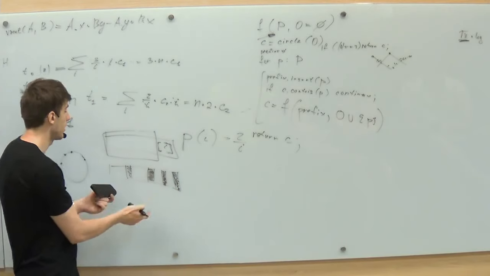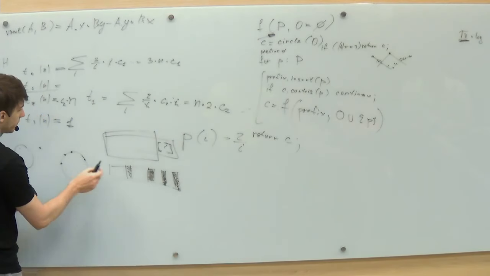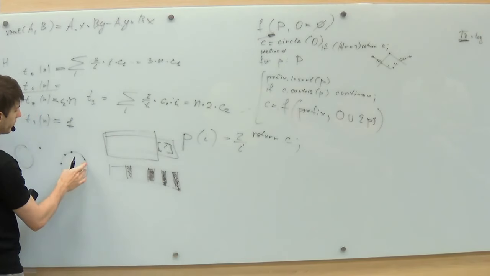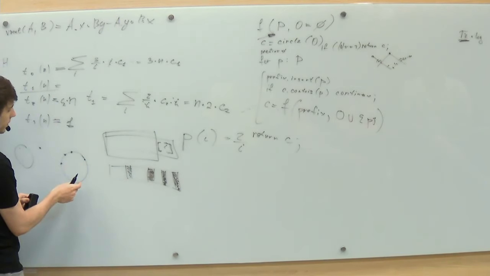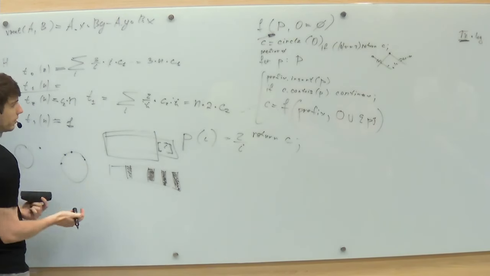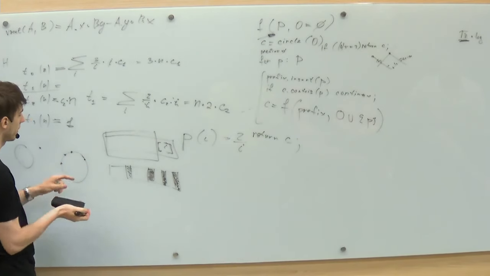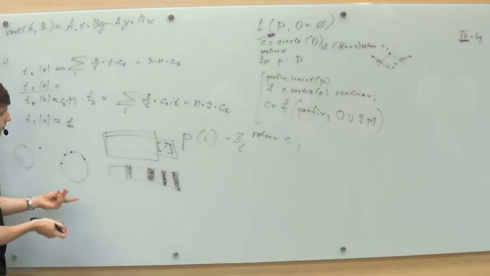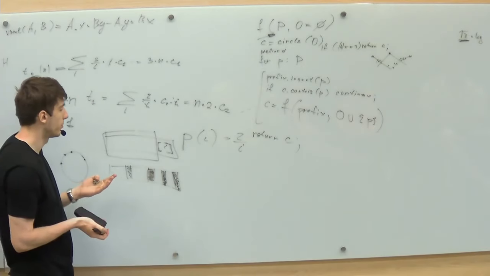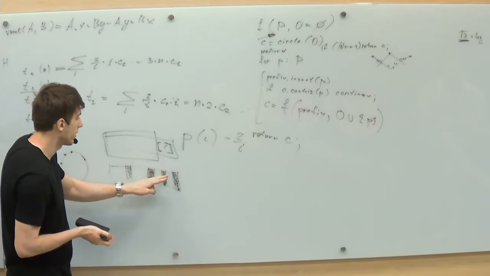So in this case, if this point is on the boundary of the circle, and there were at least 3 points on the same circle, we would have had this circle even previously. So we would not call the reconstruction of the circle.